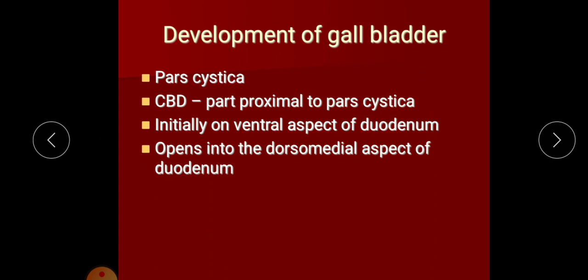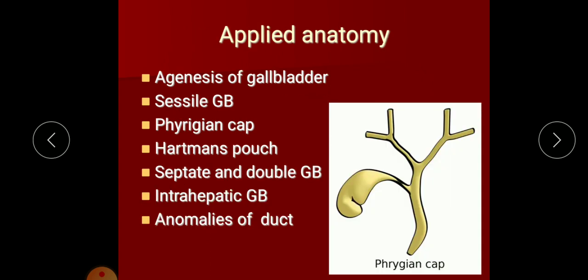Fine. So now some anomalies of the gallbladder. Agenesis: sometimes the whole gallbladder could be absent. Next is sessile gallbladder, where the cystic duct could be absent. Look at this, a phrygian cap, where the fundus of the gallbladder is twisted so as to form a cap-like projection.